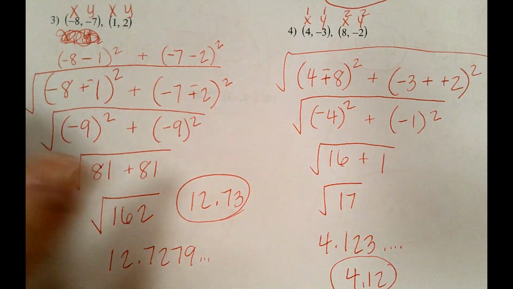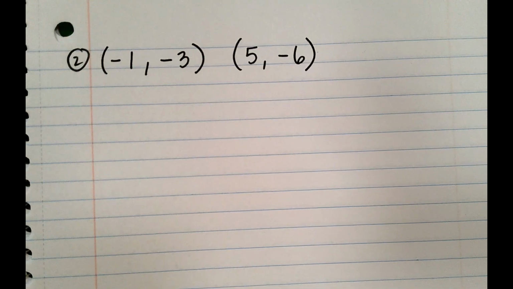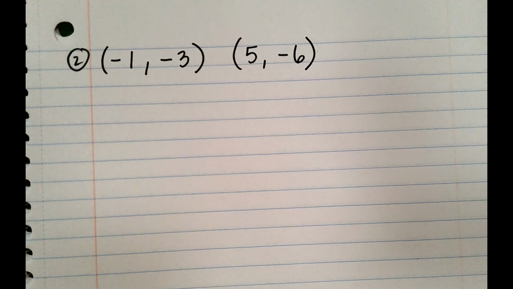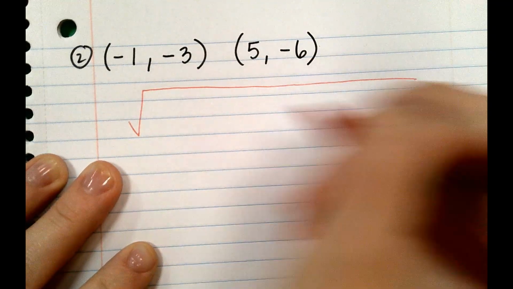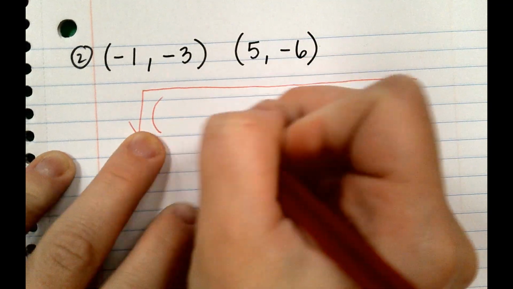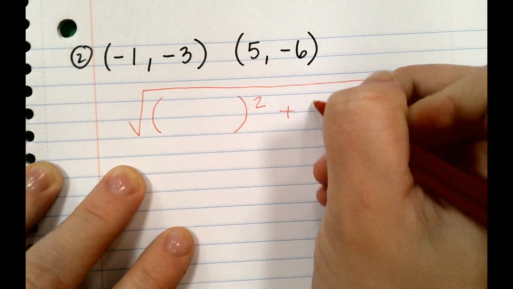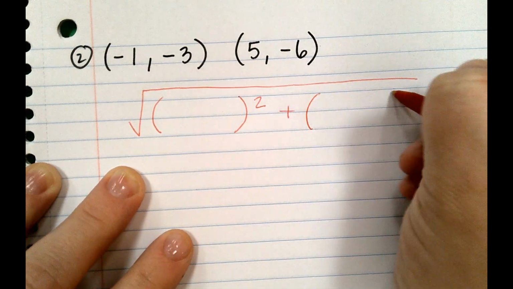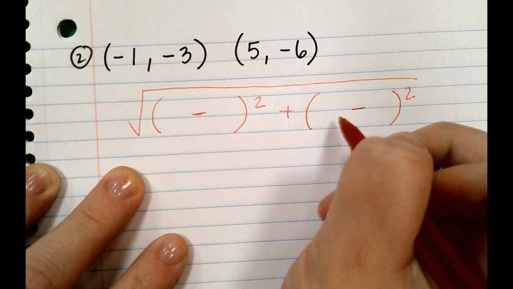Okay, so we're looking at number 2 right now. So we're using the square root of x1 minus x2 squared plus y1 minus y2 squared. So I'm going to put my minuses in.